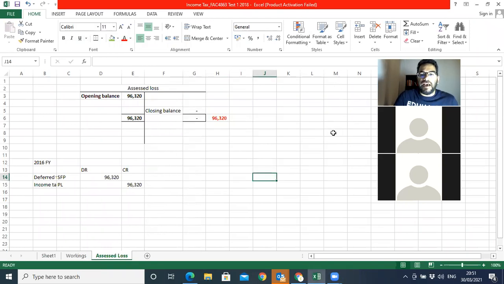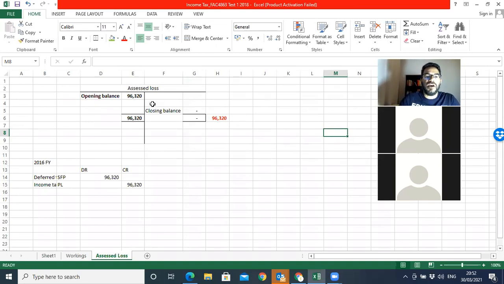We can recognize the full assessed loss. We can recognize the full 900,000 Rand at 28%. Why can we? Because in the current year, we have sufficient taxable income to offset that full 900,000 Rand. That's what we picked up from working one, okay? However, we can't recognize the full 900,000 Rand this year because we already recognized 344,000 Rand of it last year.